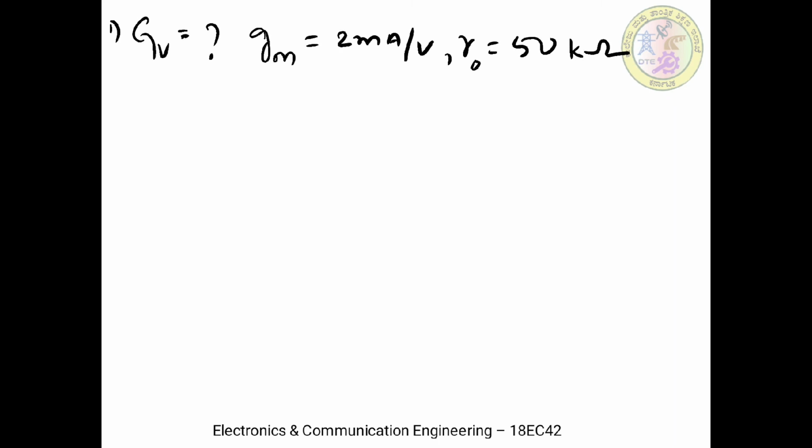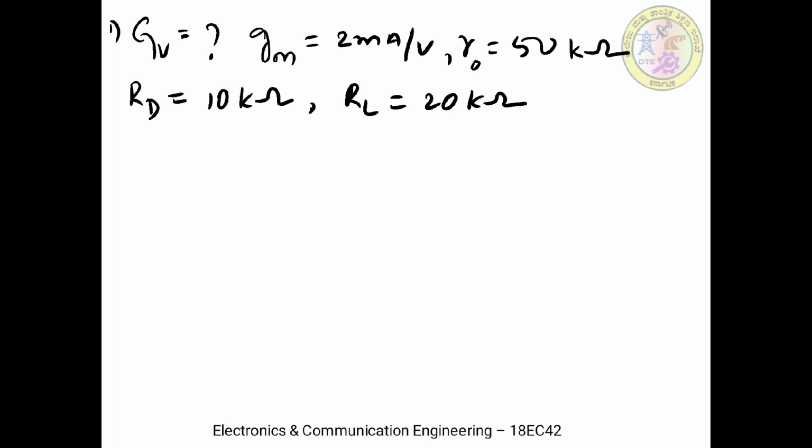It is given: calculate the overall voltage gain GV of a common source amplifier, for which GM is equal to 2 milliamperes per volt, R naught is equal to 50 kilo ohm, RD is equal to 10 kilo ohm, and the amplifier is fed from a signal source whose Thevenin resistance is 0.5 mega ohms, and the amplifier output is coupled to a load resistance RL of 20 kilo ohm.